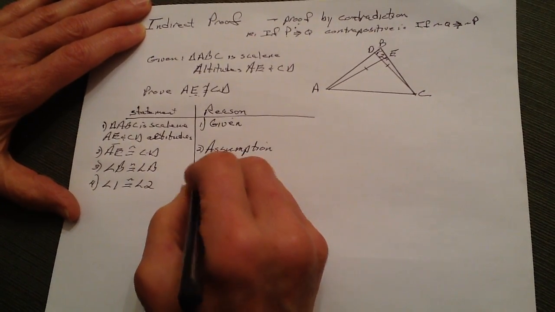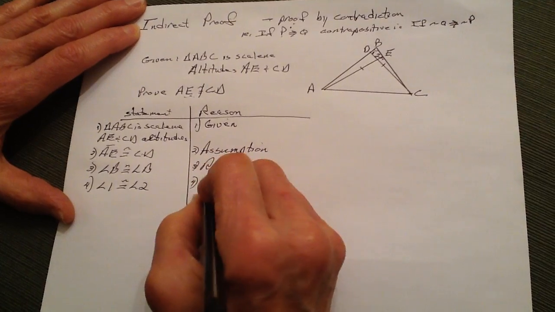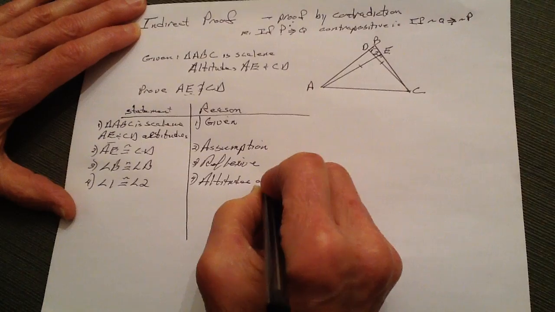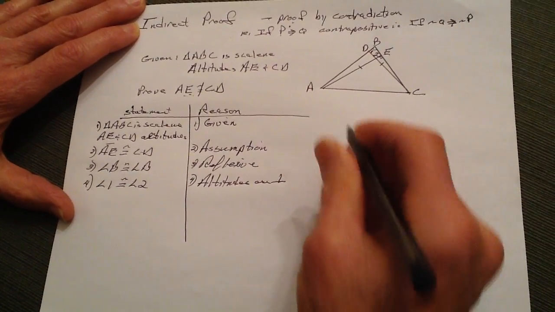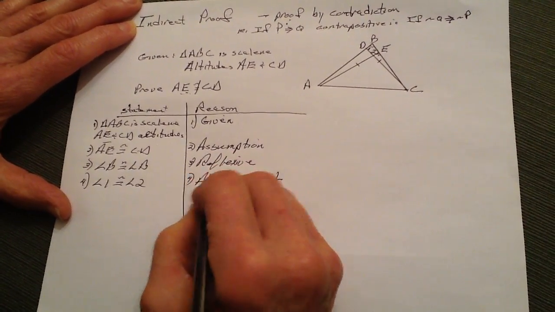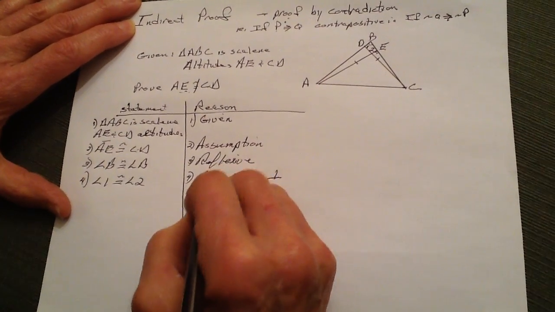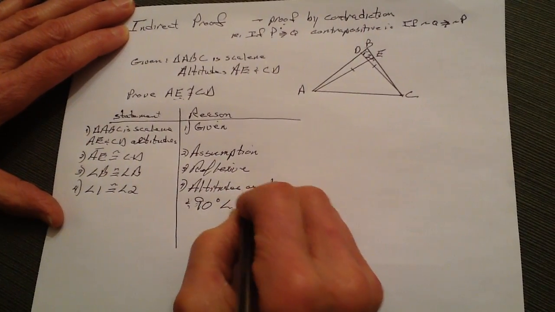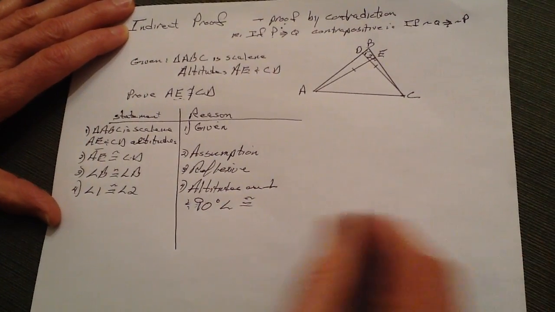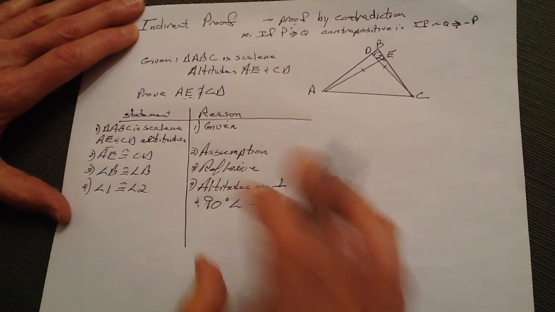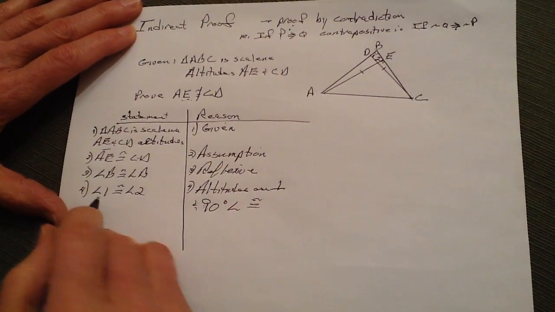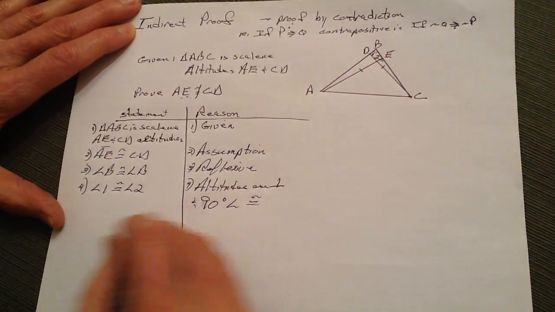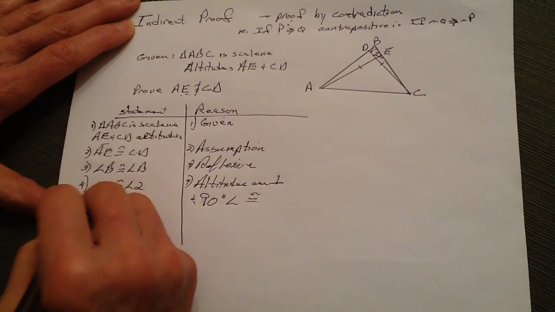The reason I can say that is that altitudes are perpendicular to the opposite sides, and perpendicular lines form 90-degree angles, and all 90-degree angles are congruent. I could probably separate that into two steps, but we'll put it down here for 4.